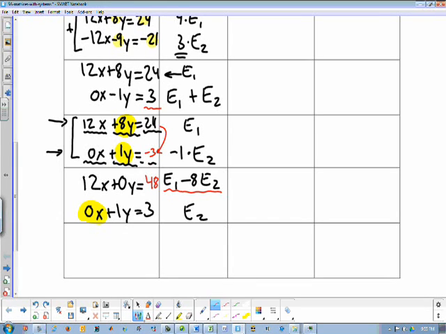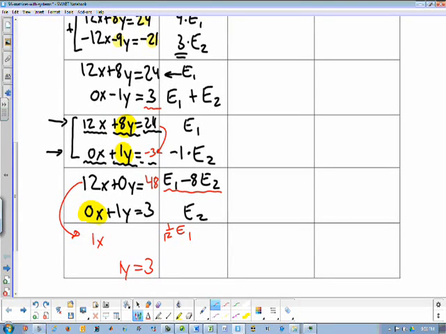Okay. This last one down here now, we have y equals 3, and let's take equation 1 and multiply this by 1/12, which is really just the same as dividing by 12. So we divide everything by 12 here, and that gives us 12 divided by 12 is 1x.